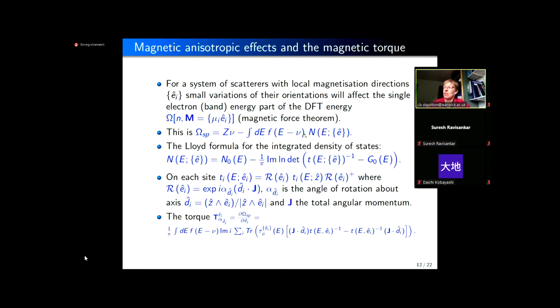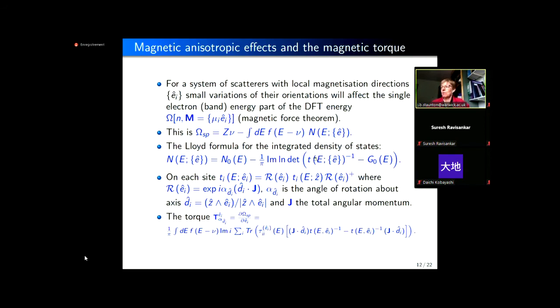And so that contains essentially all the contribution to the density functional energy that's coming from the single particle energies. Now, I've gone on about that for a specific reason, in that in multiple scattering, this integrated density of states has a particularly neat expression. It's the famous Lloyd formula that specifies it. So it's written in terms of the integrated density of states for free electrons, plus this term, which looks horrible, but it's a log of a determinant of the T matrices defining the system and the structure constants.